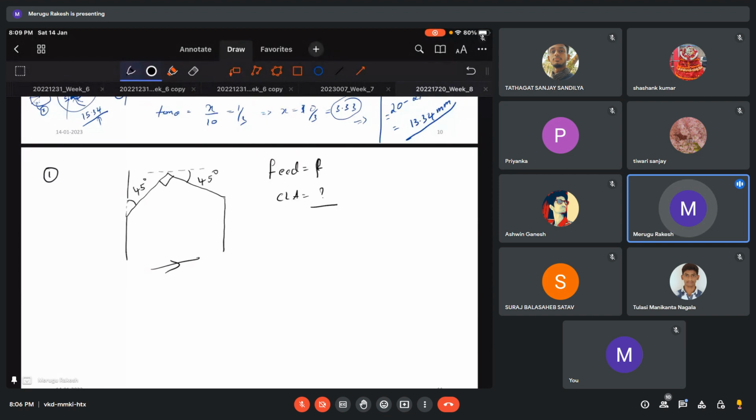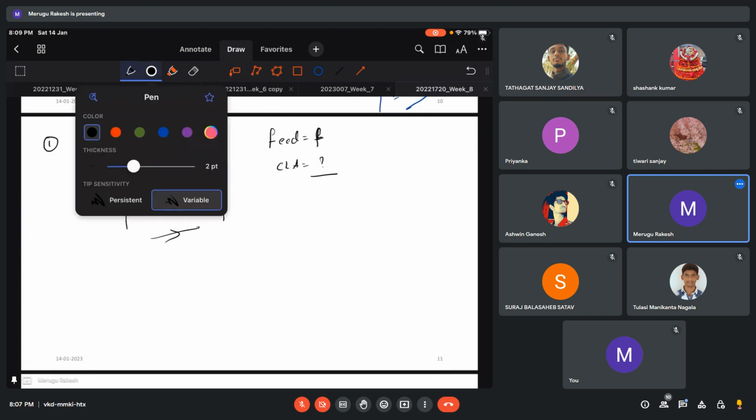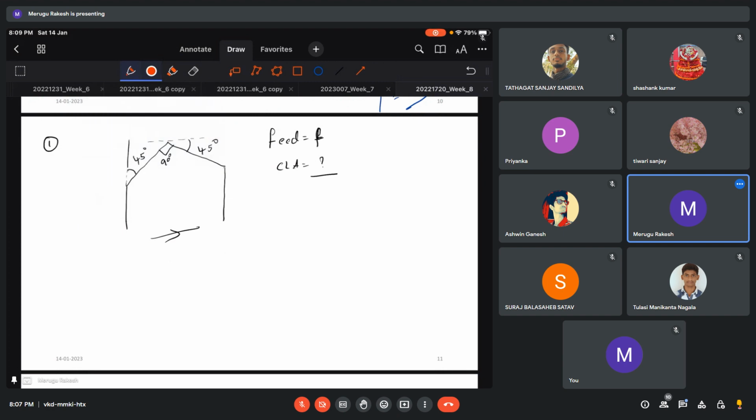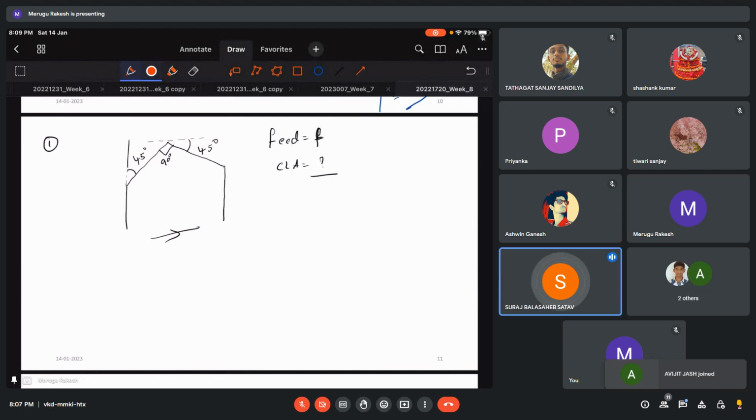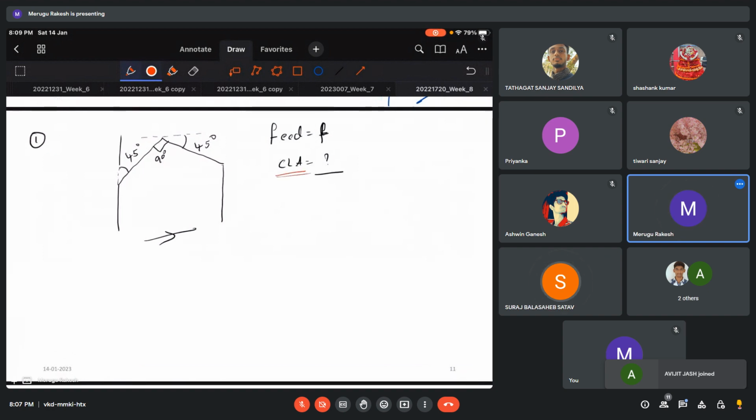You will get a value as an expression in terms of F. You need to find the CLA value for the workpiece. Yes, of course, for a workpiece.